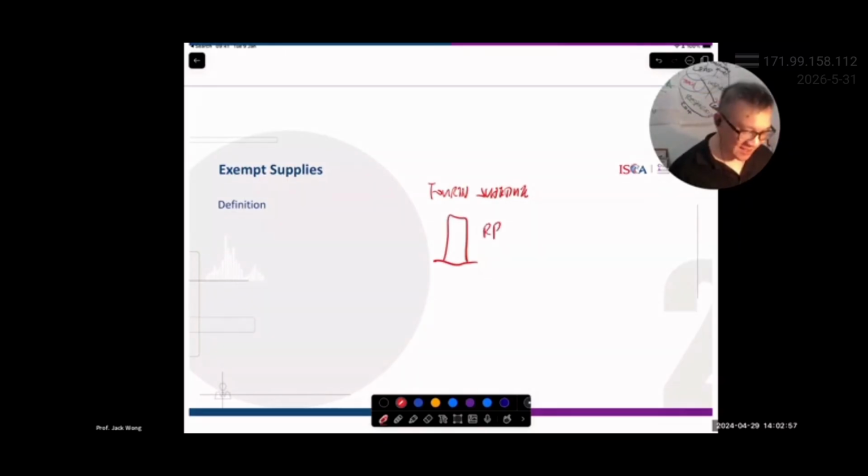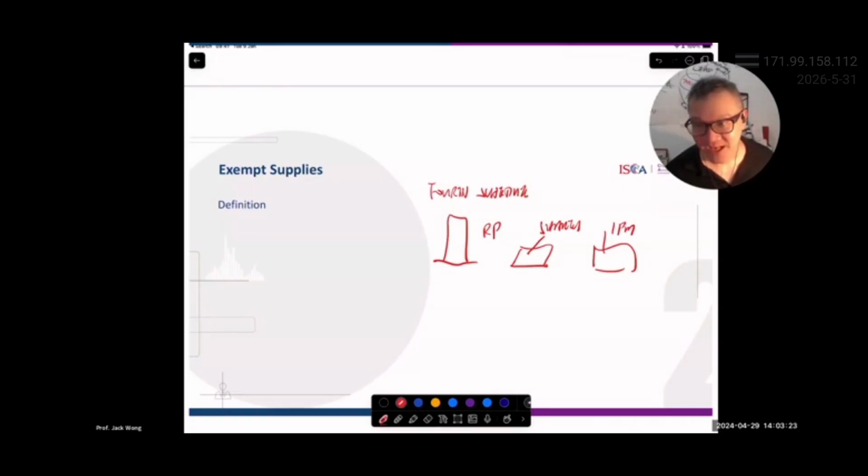Number two is shares. And there is one more, IPM, which is precious metal. So these are three types of very common exempt supply in Singapore.